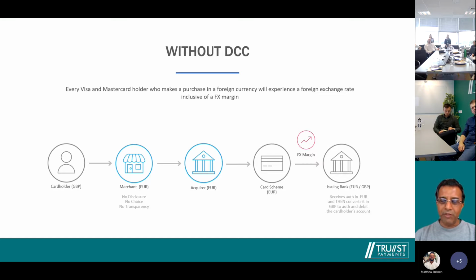Euros get settled. The customer, of course, is charged in sterling, but you'd see the euro conversion on your statement. The important point here is that where the conversion happens is where the FX revenue is generated.